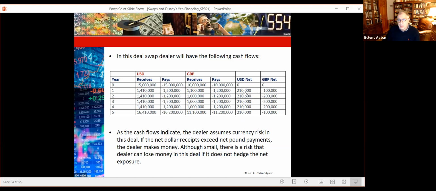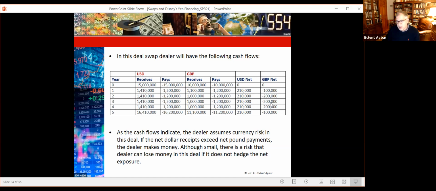So at the prevailing spot rates, 210,000 US dollars is larger than 100,000 pounds, but the swap dealer here is taking currency risk, because if the pound were appreciating going forward, this markup could get smaller and smaller, or maybe even at some point 100,000 pounds might exceed the US dollar 210,000 if it appreciates beyond 2.1.